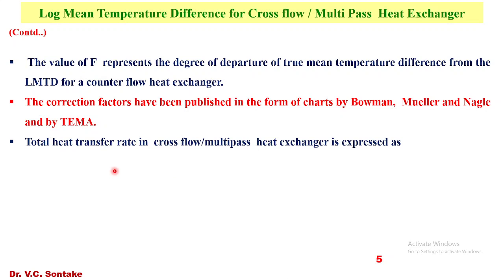Hence, the log mean temperature difference for cross flow can be obtained by introducing the correction factor multiplied by LMTD for counterflow. Hence, the total heat transfer rate in cross flow or multipass heat exchanger is expressed as Q is equal to U into A into delta Tm for cross flow or multipass, which can be further written as F into U into A into delta Tm for counterflow.